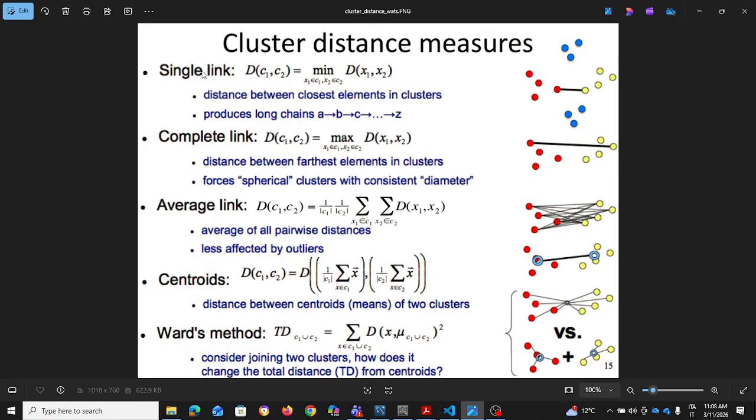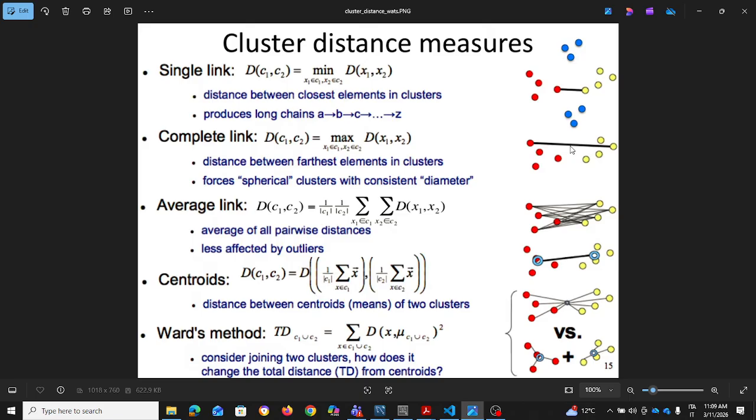For this reason, we move to the complete linkage. In the complete linkage, we consider the furthest distance between the two clusters. So red, yellow, blue, the furthest distance is this one. If you are considering the closest distance between these 2 points, it's kind of like a circle, from here to here.